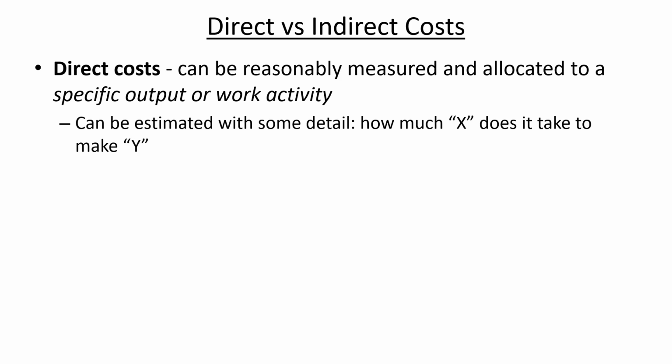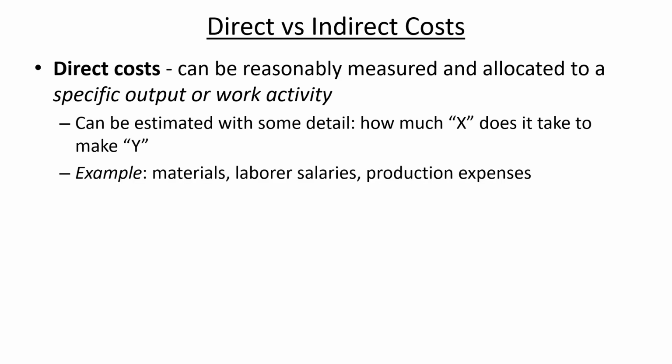We've talked about different components of costs before, and remember that direct costs are those which can be allocated to a specific task or a work activity. So if you could answer the question, how much concrete does it take to make a paved driveway, that's an example of a direct cost, the amount of materials that are being used for something.